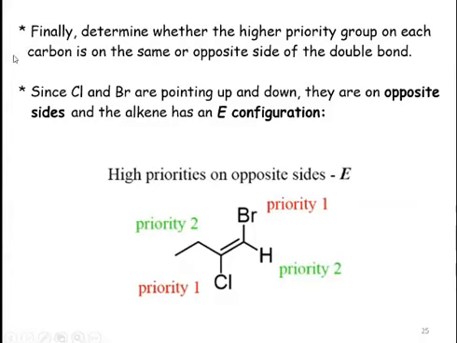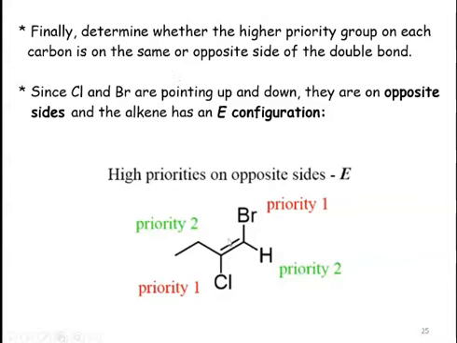So the final determination is dependent on whether the high priority groups lie on the same side or on opposite sides of the doubly bonded carbon atoms.